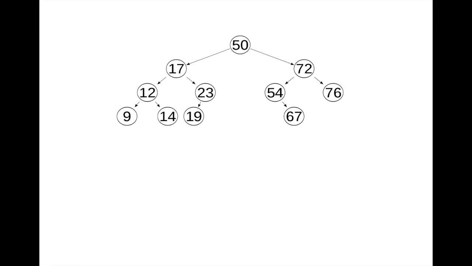In general, we need 1 or 2 rotations to get an unbalanced tree, just after 1 insertion, into balance again. Let's look at 2 cases. Here we have a balanced tree, and suppose that we're adding the node 18.